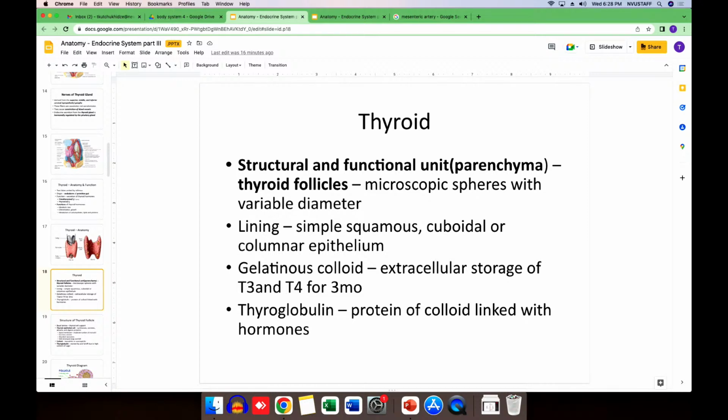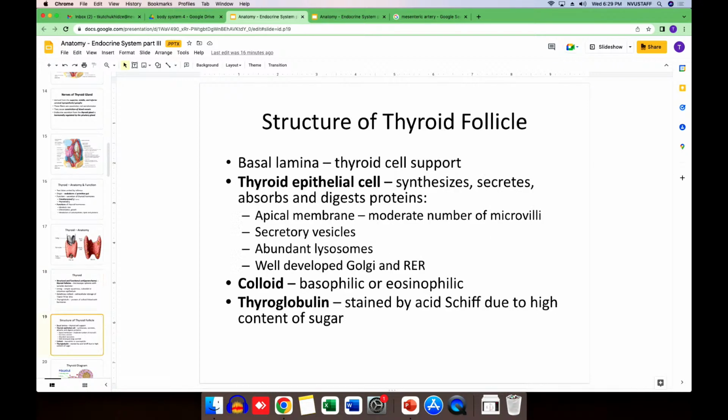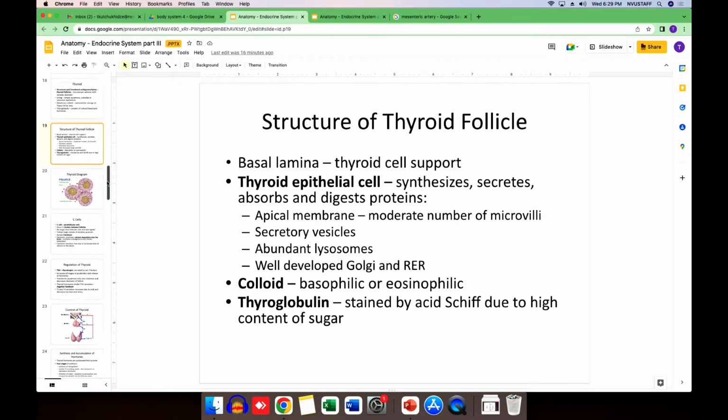They present a gelatinous colloid material, and they are the ones storing our T3 and T4. And also we have thyroglobulins inside. They are proteins of the colloid, and they are linked with the hormone itself. This is histology, so I will skip that.